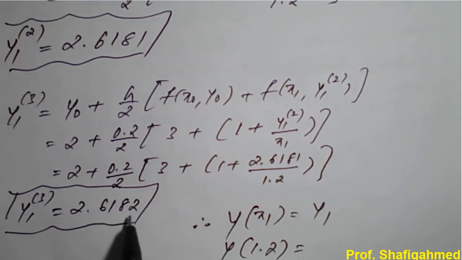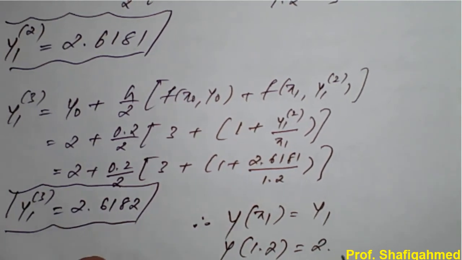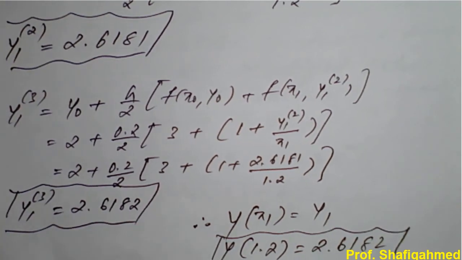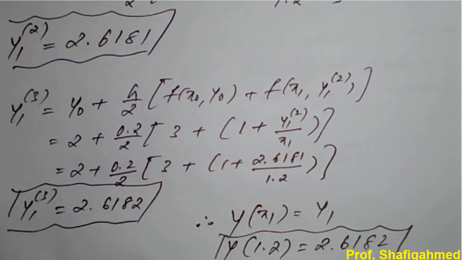So this is the approximate value of y. It is 2.6182. So in this way we need to get the result of the given differential equation with initial value problem using Euler's modified method or modified Euler's formula, or I can say Euler's predictor and corrector formula also.